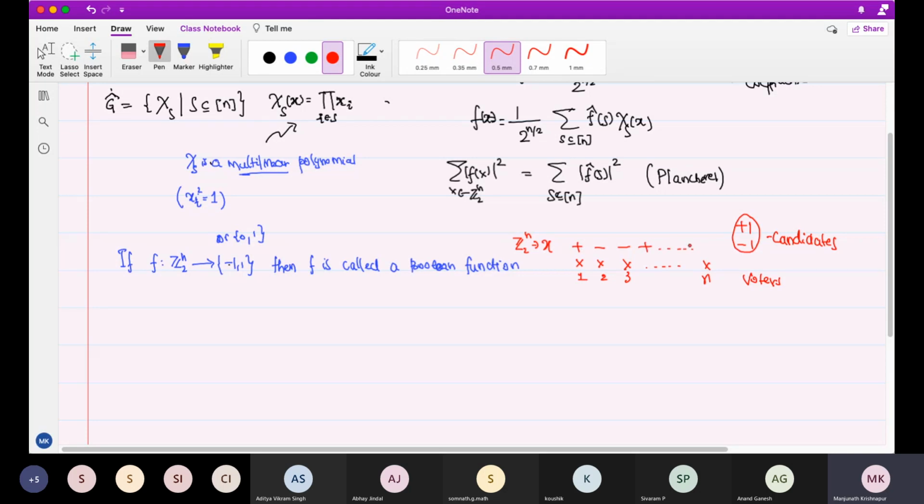So let me just close the door. There is a lot of noise. Hold on. Yeah, so any particular x you can think of as a voting pattern, meaning here the first voter is voting for +1, the second voter is voting for -1, and so on.